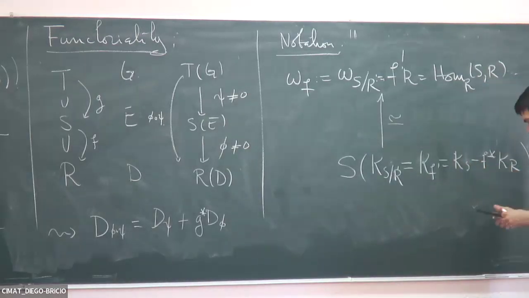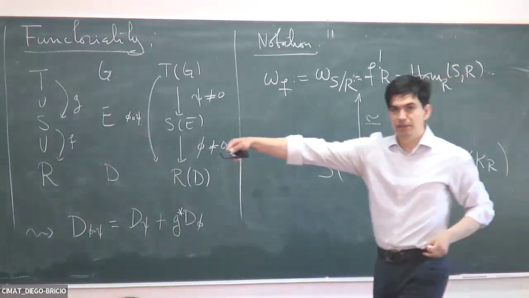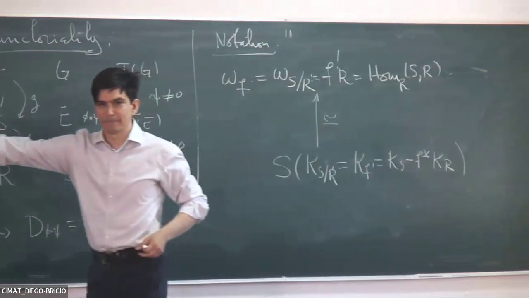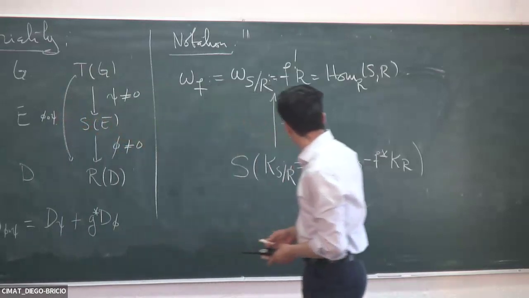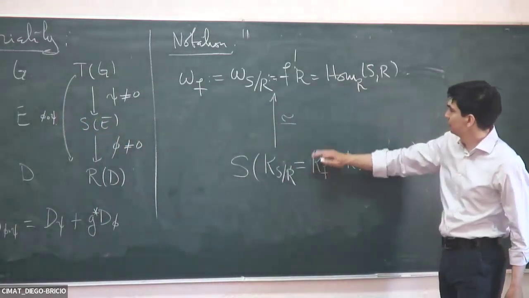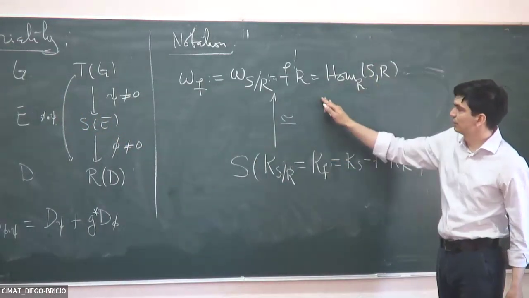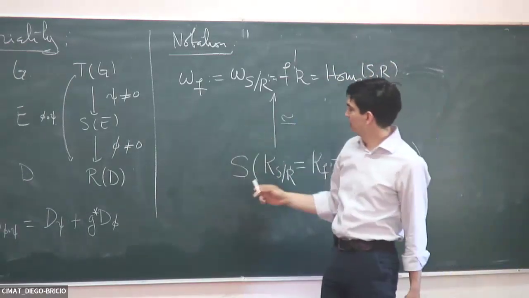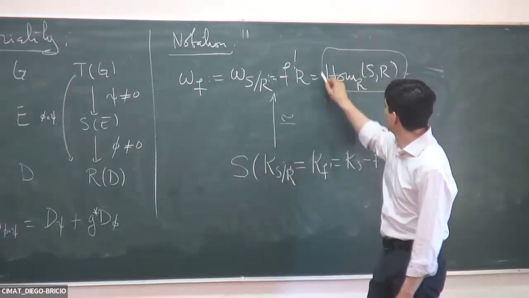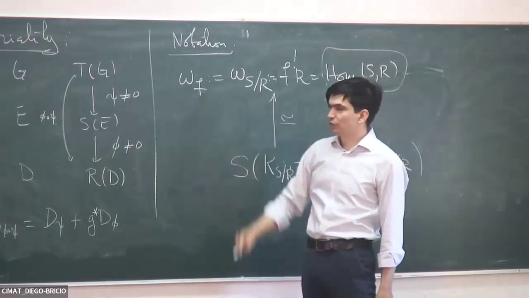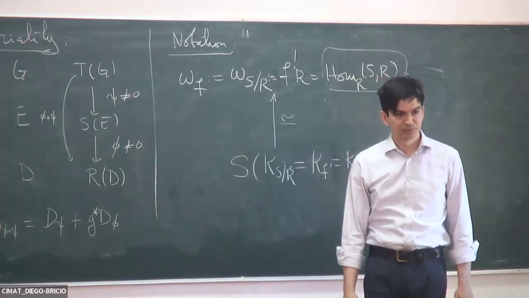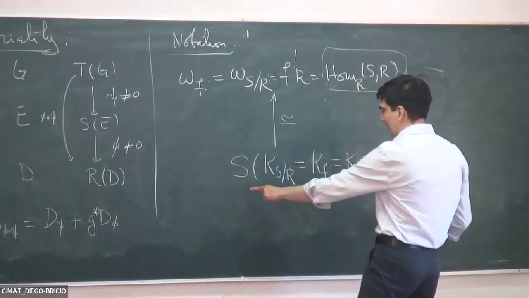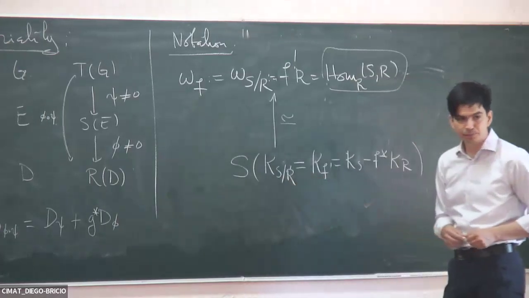We saw the other day that there is an isomorphism from here to this Hom set. So this is why we're going to call this module the relative canonical module, because it is S of the relative canonical divisor.